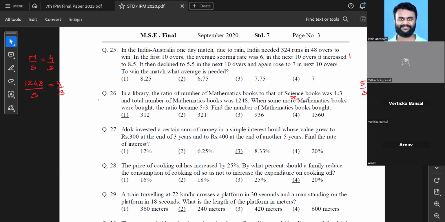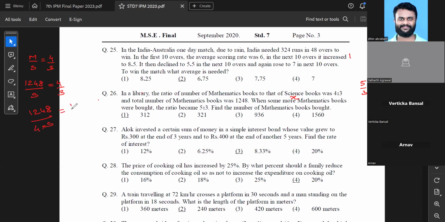So what they're asking is also the difference. They have asked how much was added. Obviously, they are asking the difference only. So all you have to do is find how much is 1 by 3. That's it. Done. Okay. So if this 1248 is 4 by 3, then find 1248 divided by 4 multiplied by 3, as S is already there.